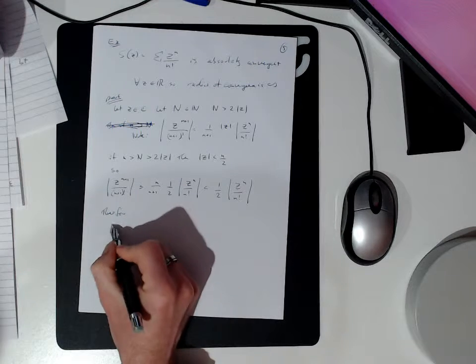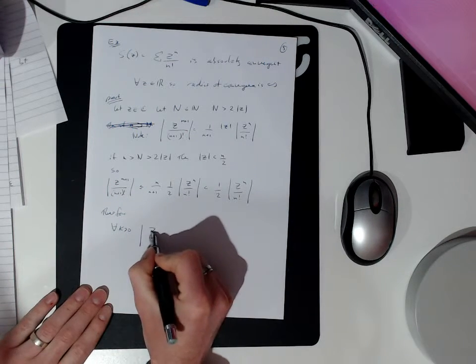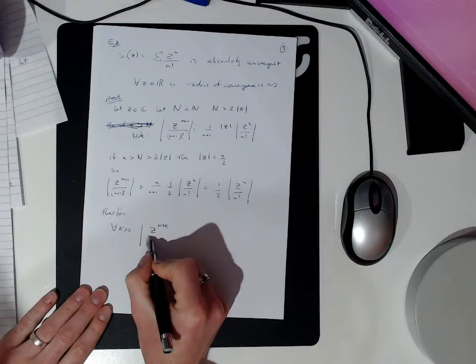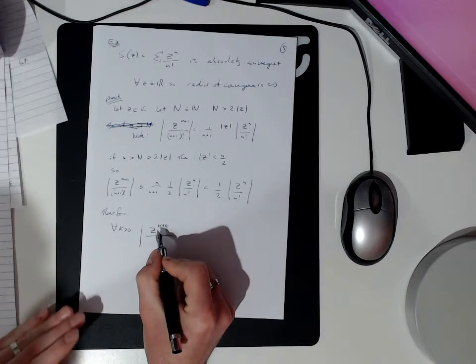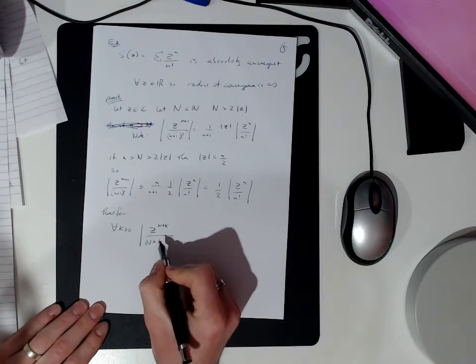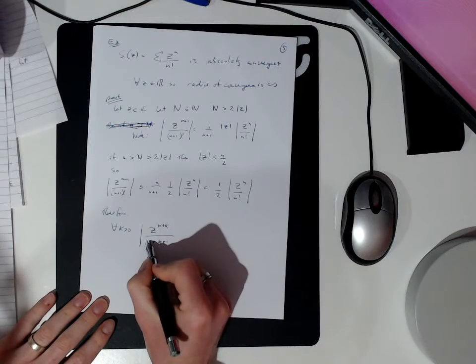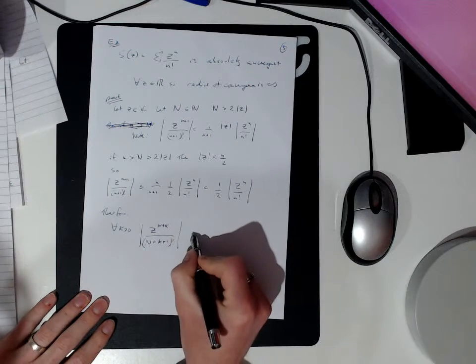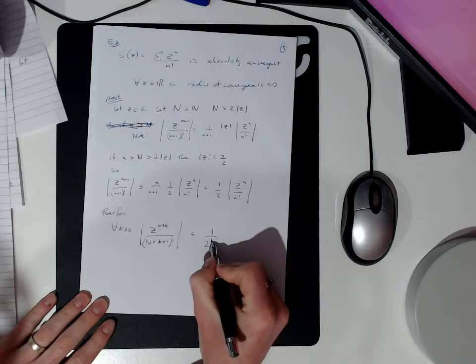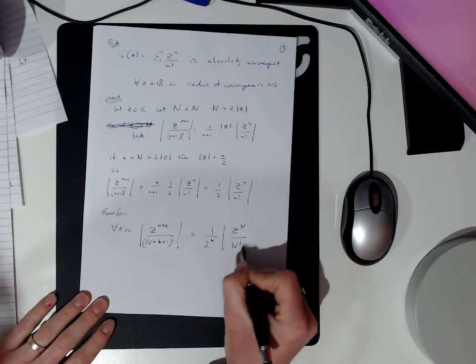Therefore, for all k greater than 0, the modulus of z^(n+k) over (n+k) factorial is less than or equal to 1 over 2^k times the modulus of z^n over n factorial.